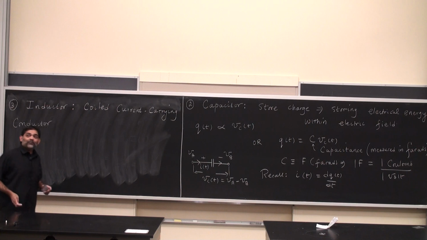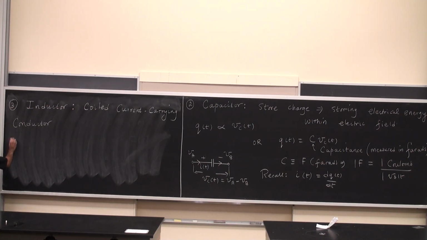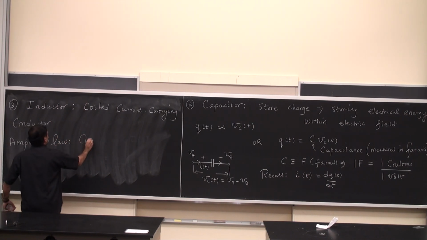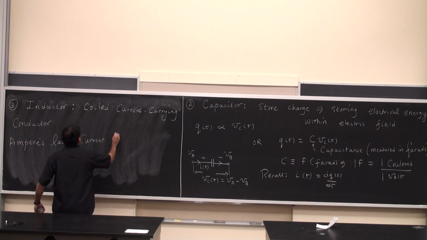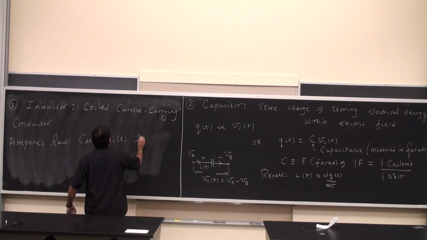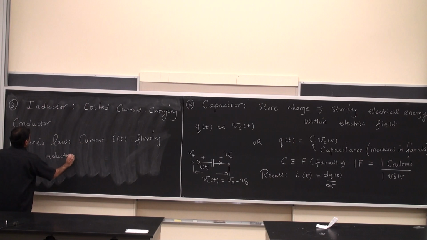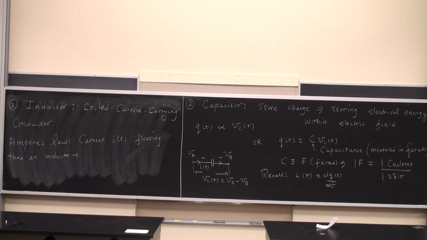So this is all Ampere's law. A current I of t flowing through an inductor generates a magnetic field.